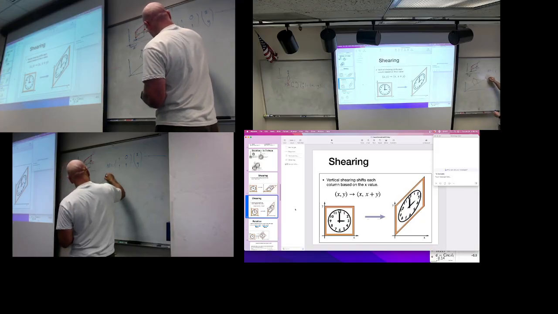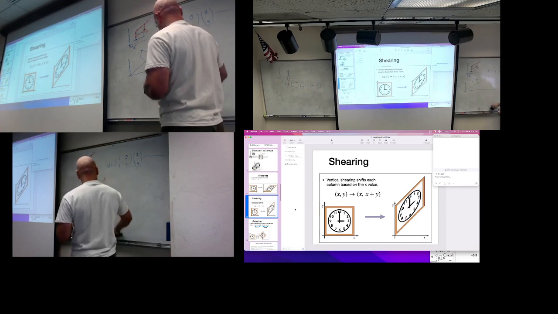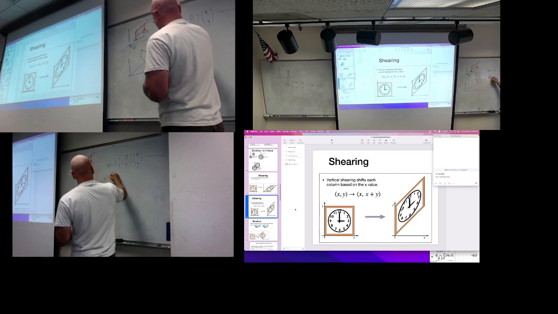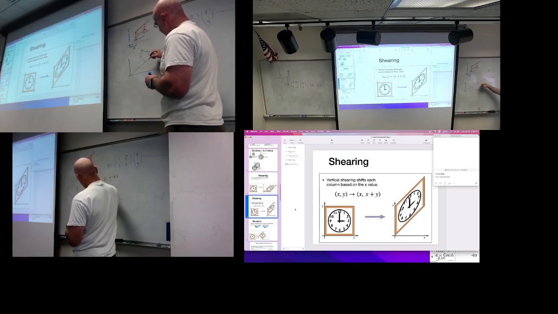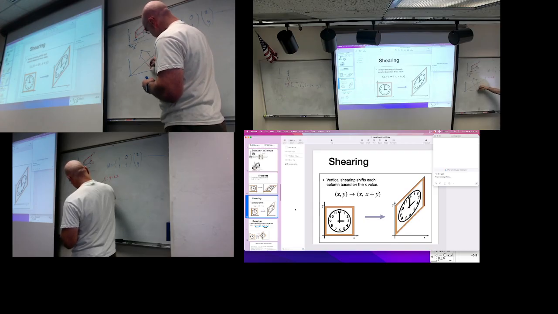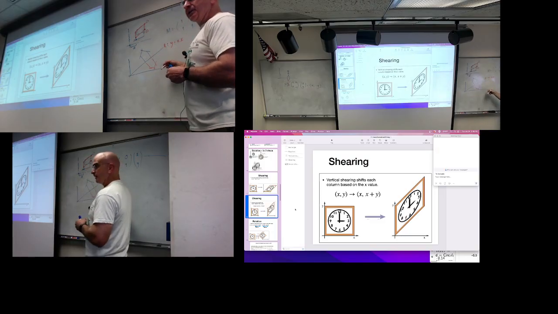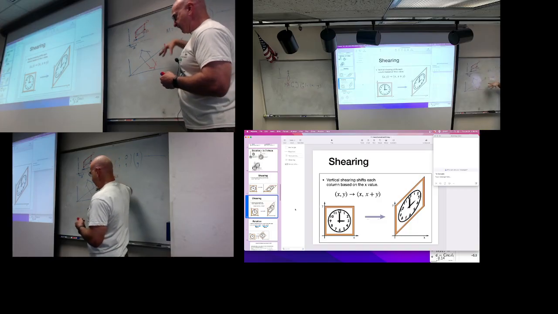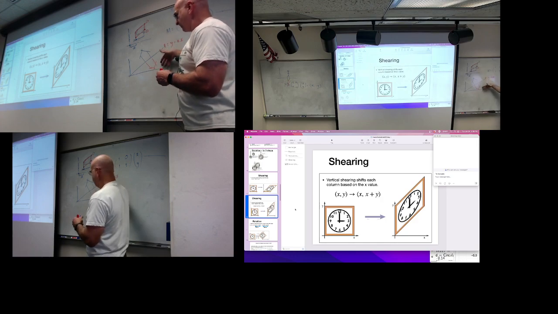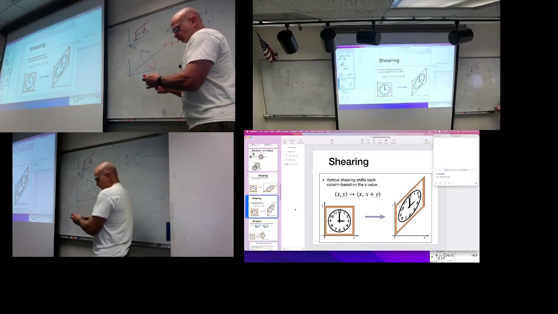So I have the line L, y equals ax, and I have this beautiful house over here, and I want to reflect the house by the line L. Everything that lives above the line should be reflected, and everything below the line should be reflected to be above the line.